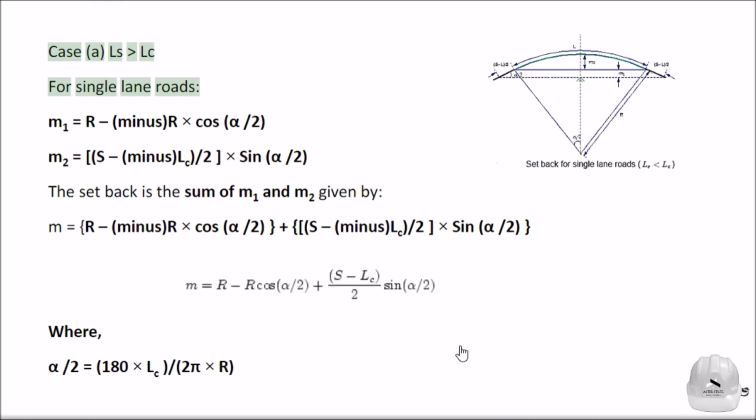Case B, L_S greater than L_C for single lane roads. m1 equals R minus R times cos(alpha/2). m2 equals (S minus L_C)/2 times sin(alpha/2).